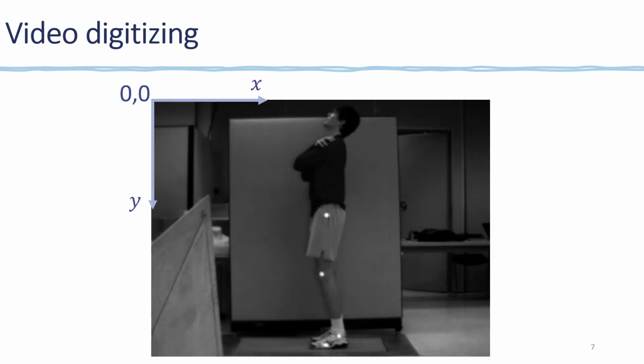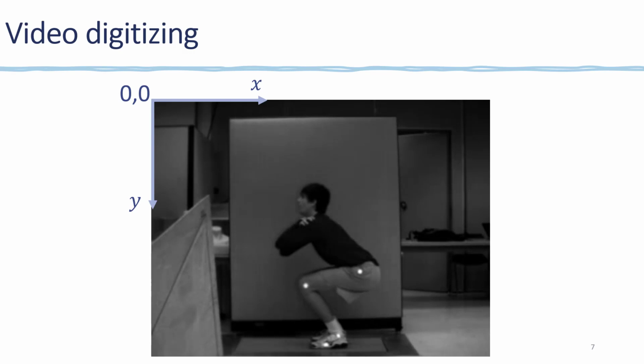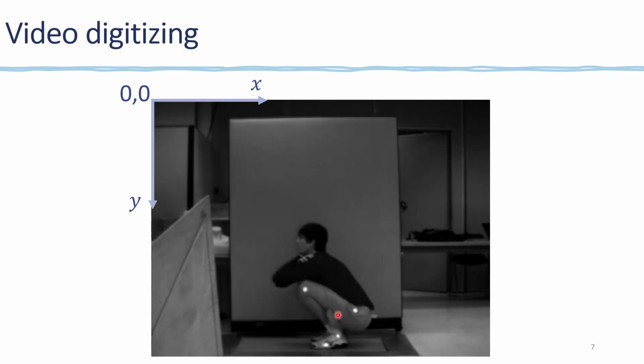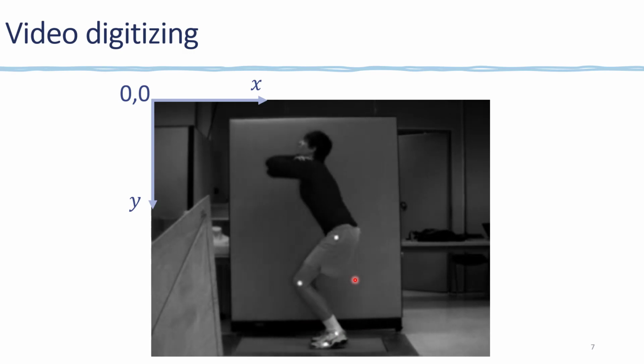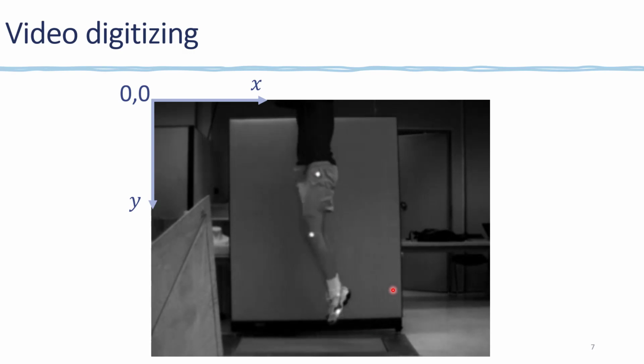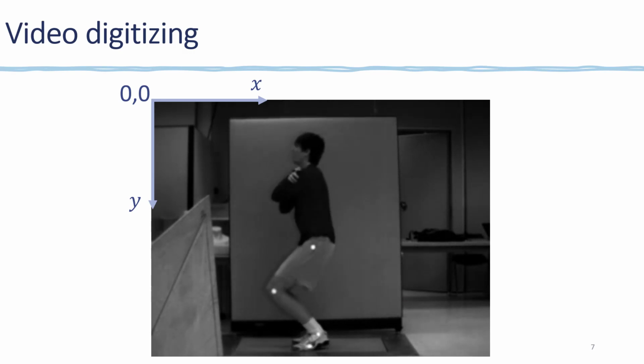Now, what if instead of just a static image or one picture, you want to digitize a whole video? So as you can see here, the markers on the legs are moving as the person moves through their jump. So the position of each marker will have a different value, a different XY coordinate, depending on what point of the video you're looking at.